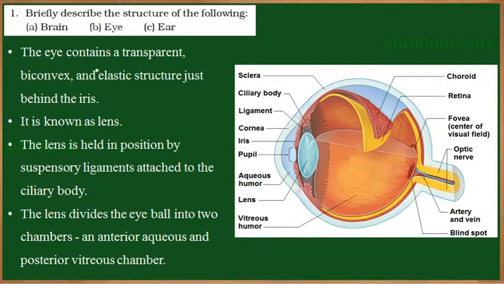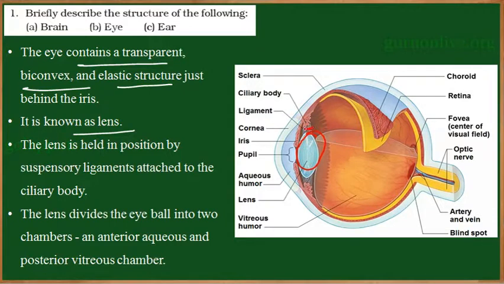Now the eye contains a transparent biconvex elastic structure which is called the lens. So this is the lens just present behind the iris. The lens is held in its position by the suspensory ligaments that are attached to the ciliary body. Now this is the lens and this is the iris.